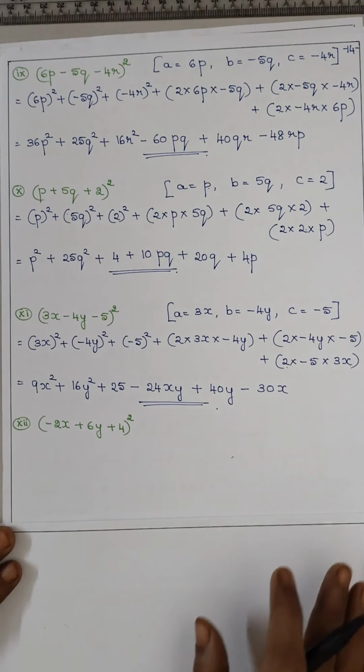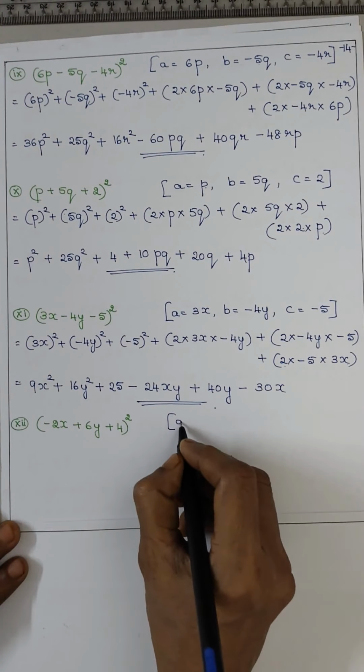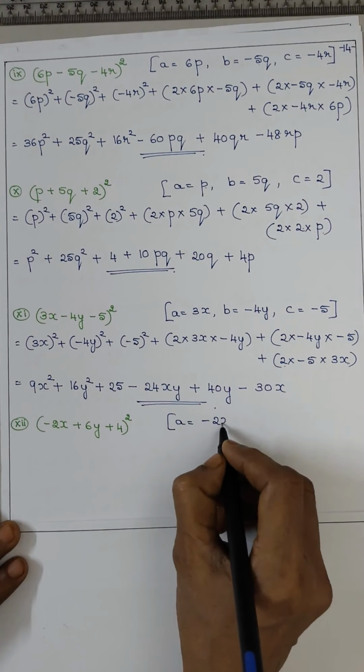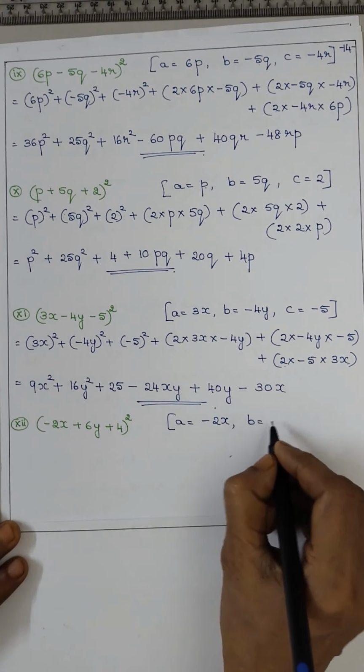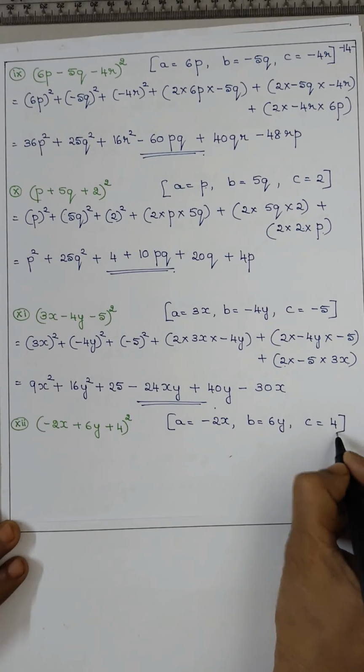Now coming to the last sum, a is equal to minus 2x, b is equal to 6y, c is equal to 4.